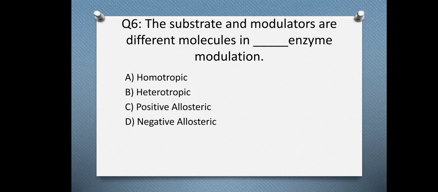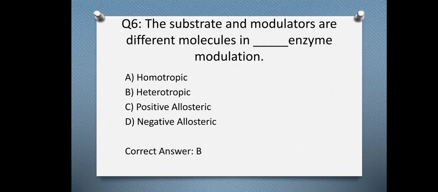Options are homotropic enzyme modulation, option B heterotropic enzyme modulation, option C positive allosteric enzyme modulation, and option D negative allosteric enzyme modulation. So the correct answer of this question is option B heterotropic enzyme modulation.